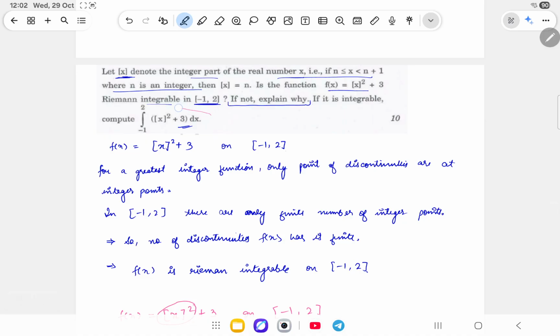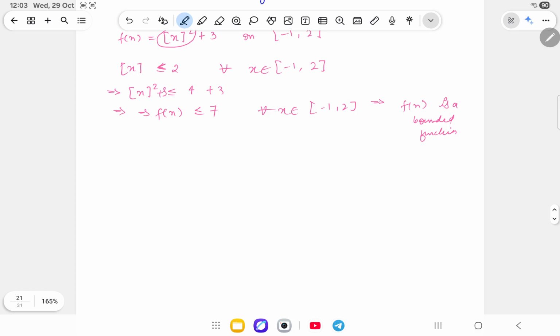Now we're supposed to compute this integration as well, so let's do that. One way is to compute the upper Riemann sum and lower Riemann sum, or the other way is to do it directly. Say I calculate the upper Riemann sum.